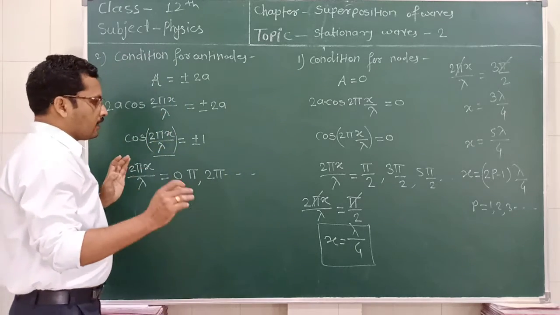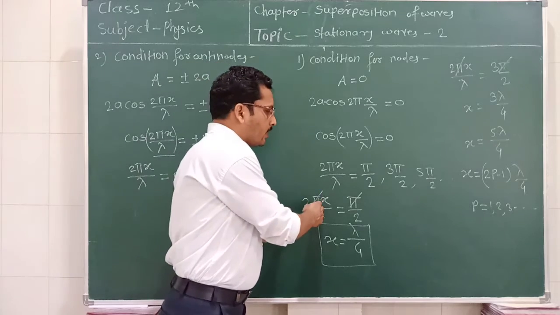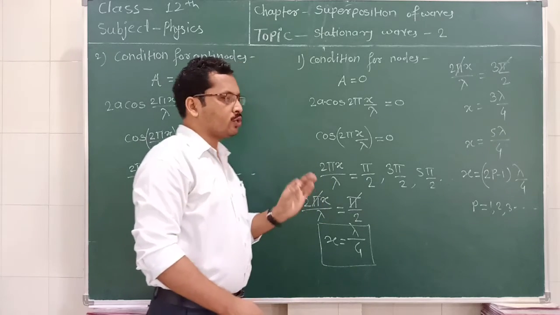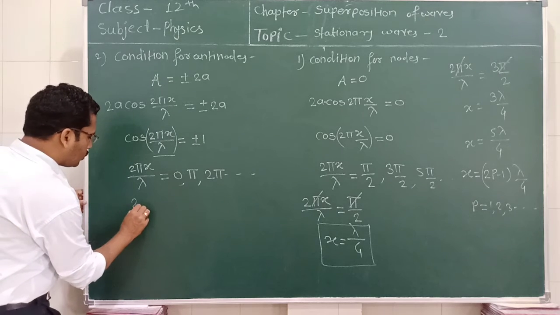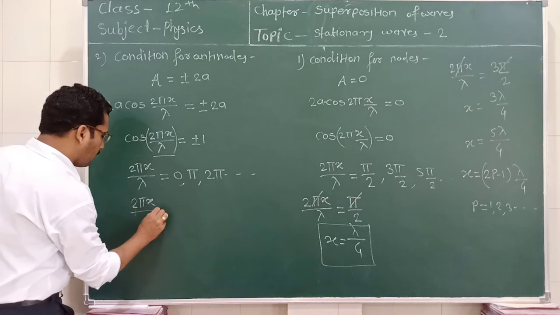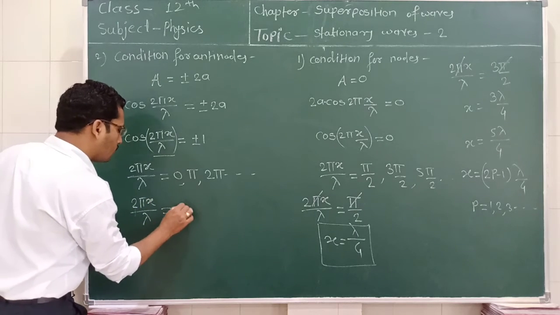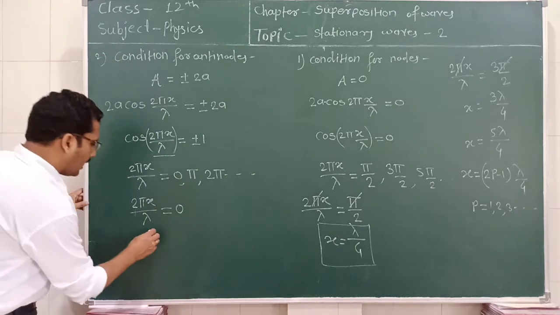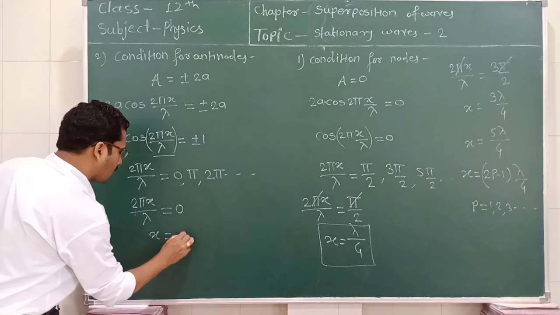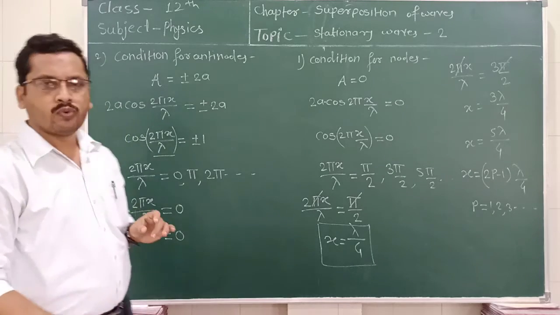So like this, we are going to derive the first position where the antinode can be formed. So we can write here 2 pi x upon lambda is equal to 0. Therefore, x is also equal to 0.